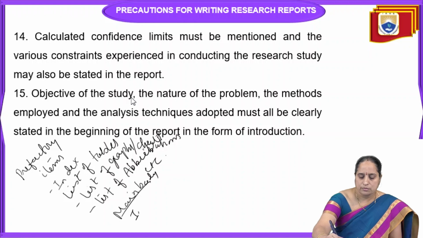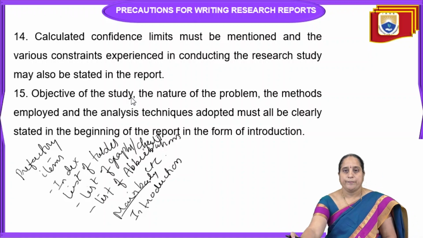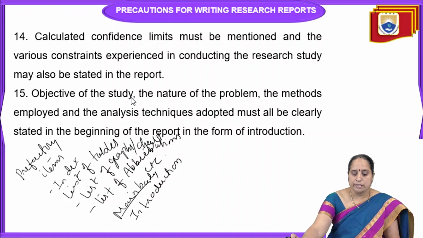So here we have to mention the introduction. In the introduction itself, we have to mention the topic under study and need for the study, scope of the study, objectives, methodology, limitations, chapterization, everything mentioned under the main body.